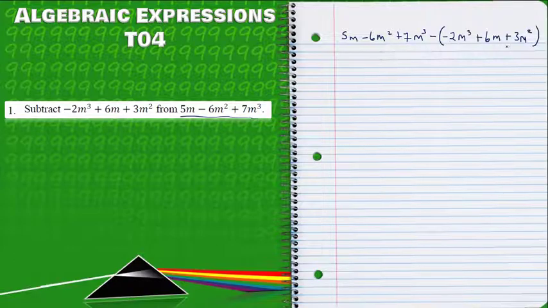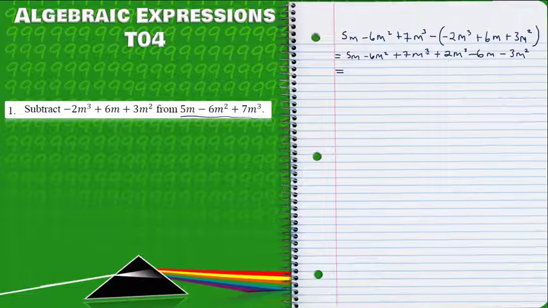Alright, so now we just have this expression to simplify, where we start off by multiplying out the minus. Here we just copy these down. So the minus goes in, this becomes plus 2m cubed minus 6m minus 3m squared. Right, then we just simply add the like terms.